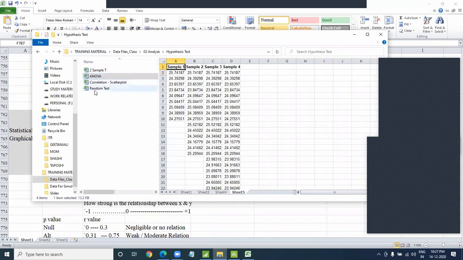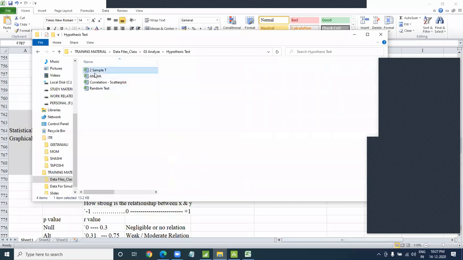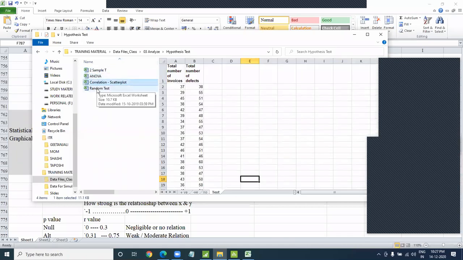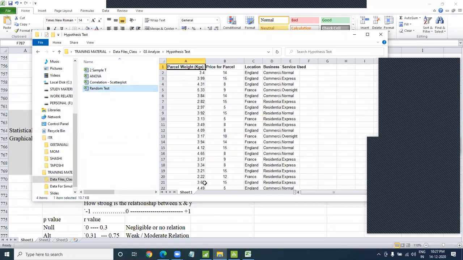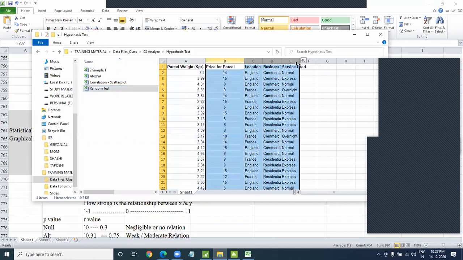Once you're done with these two sample T, ANOVA, correlation, then pick up a random test file. This is a random test file. This is your Y, and these are your X's for you to practice. So you will be able to see. Yes, root cause, yes. The ones which have been proven as alternate are the real root causes.